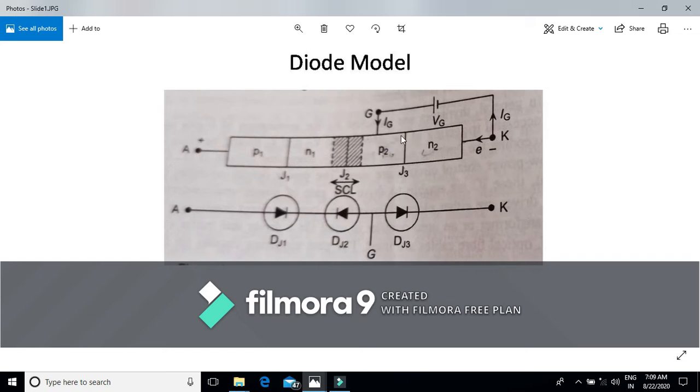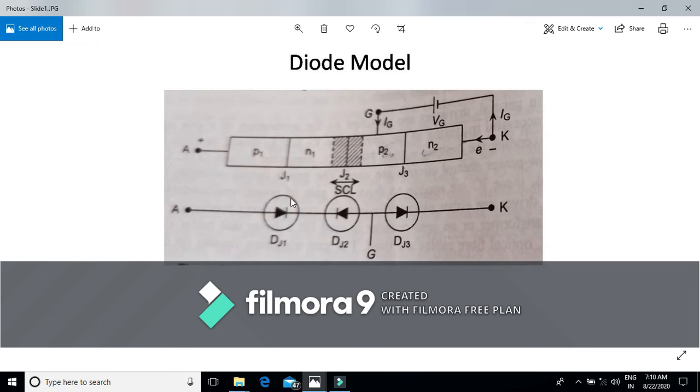And we are also applying gate current between the terminals gate and the cathode. This gate current flows by applying the gate cathode voltage, that means Vg, between the terminals gate and the cathode.